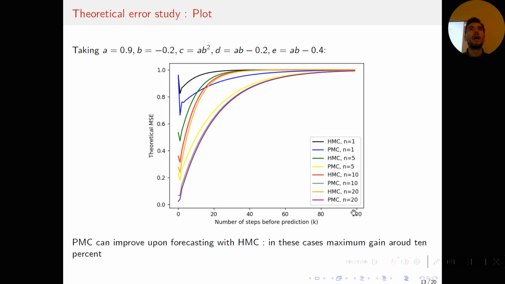Here I present a plot of the variation of the MSE values for an horizon K increasing.